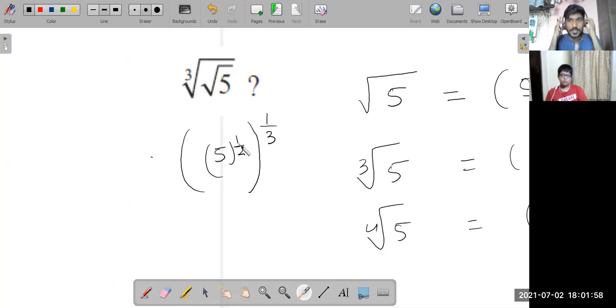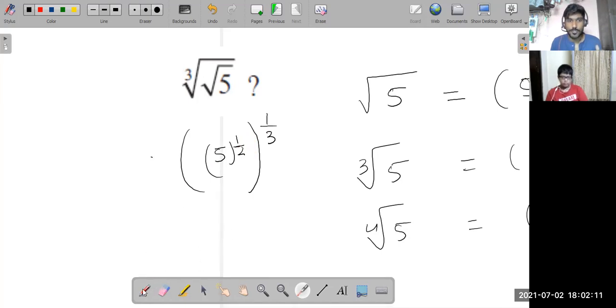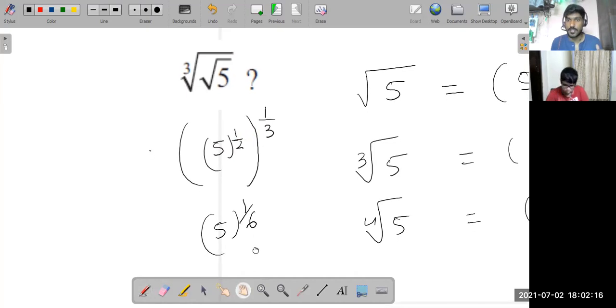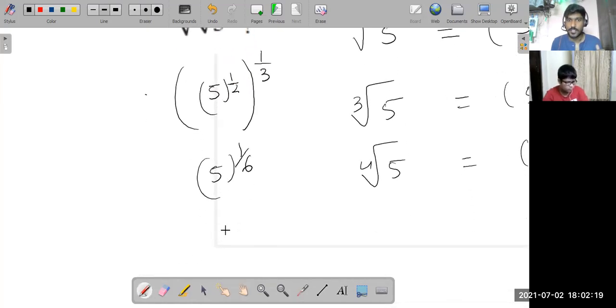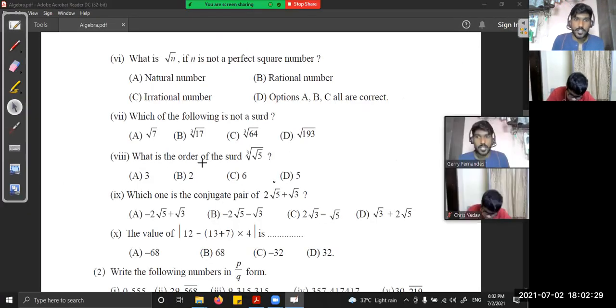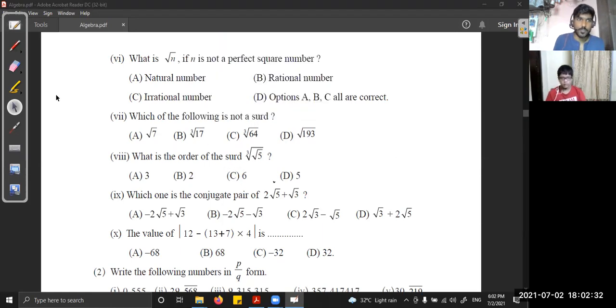I'm sorry, I made a mistake here. When the base is same, powers will get multiplied. So this will change to 5 raised to 1 by 6, and this can be rewritten as 6th root of 5. So C is the correct option.